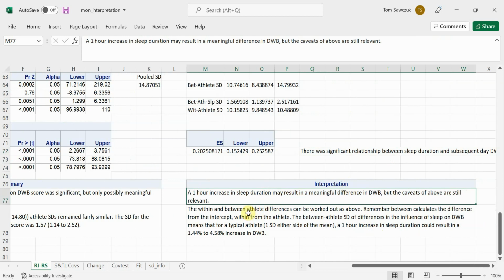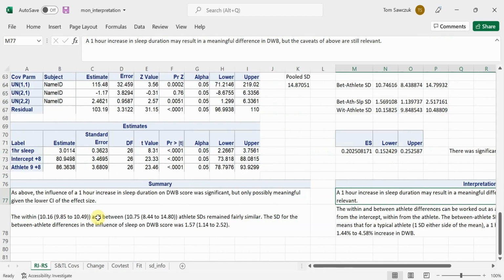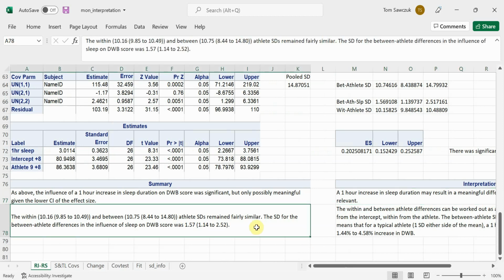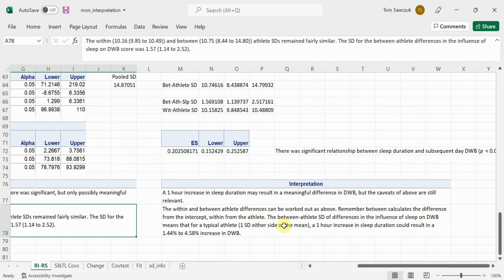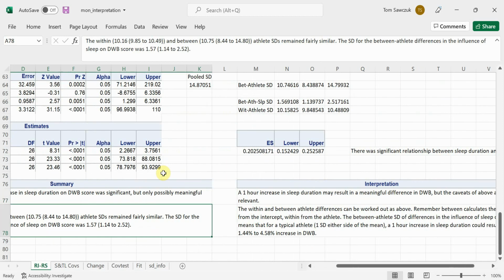And then the within and between athlete SDs remained fairly similar, but there was a standard deviation for the between athlete differences in the influences of sleep on daily well-being score, and this was 1.57. So we can calculate the between and within athlete differences as above. You can do that again yourselves if you so wish.